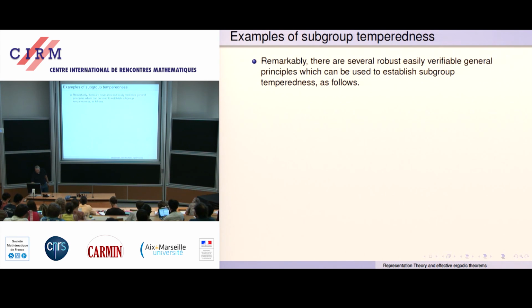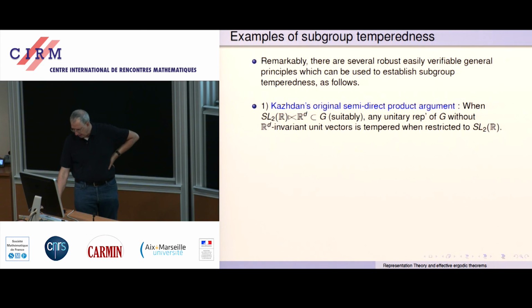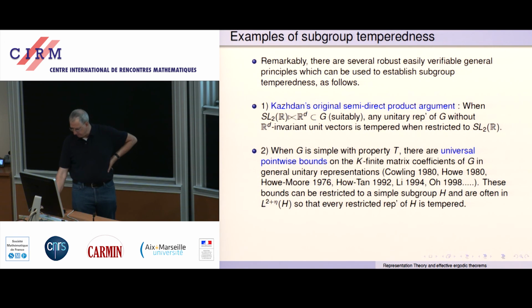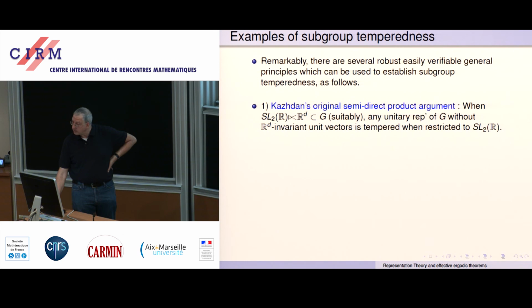And there are several robust and easily verifiable general principles which can be used to establish subgroup temperedness. The first is Kazhdan's original semi-direct product argument. This can be generalized. You have to have amenable stability groups, and this will never happen otherwise.